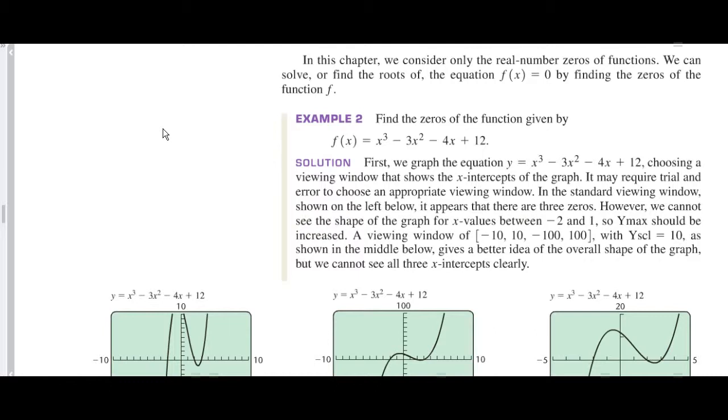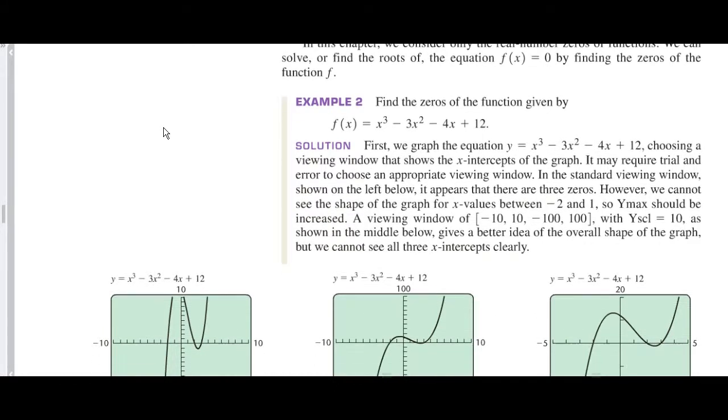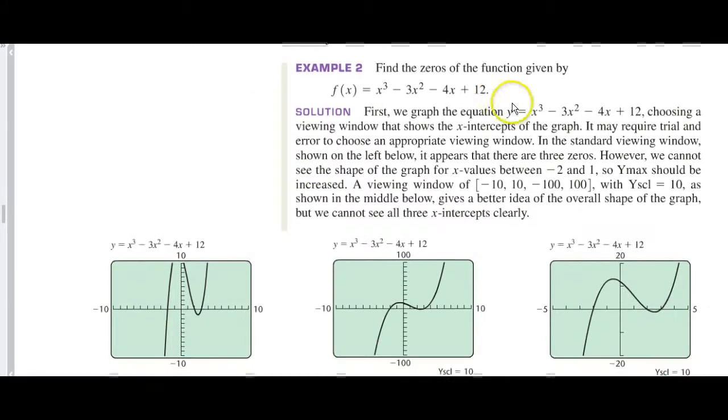Now, here we're going to find the zeros by using the graphs of these various functions.